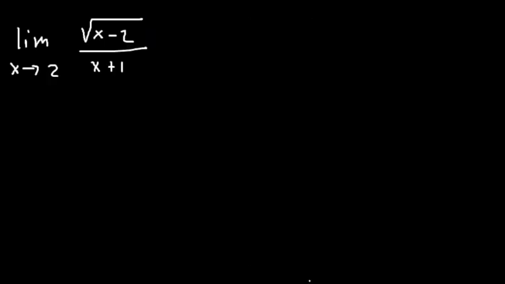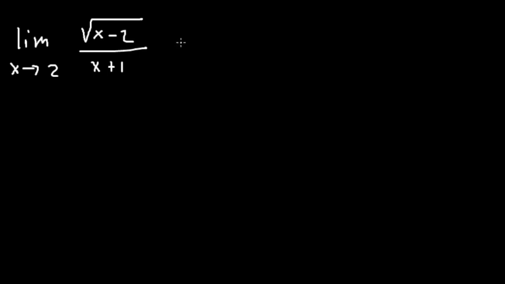So let us have this one as the last example. Find the limit of this function as x approaches 2. If you are familiar, this is also the last example that we've given from part 1 of this video.